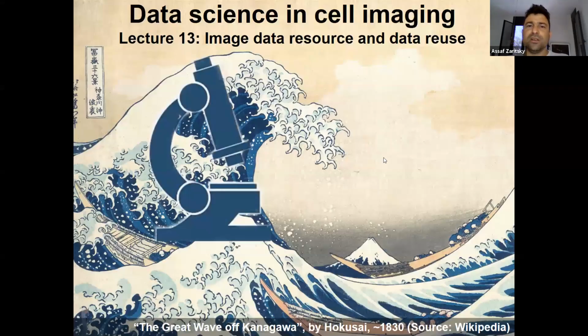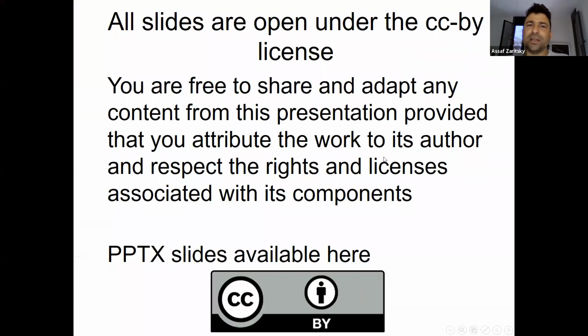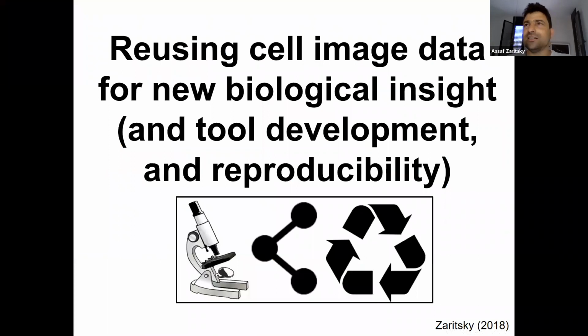So this is about reusing cell image data. Because I brainwashed you in the last presentation about data science in cell imaging, why it's cool, why it is important, but in order to actually develop it as an independent field, we need data. We need access to data.